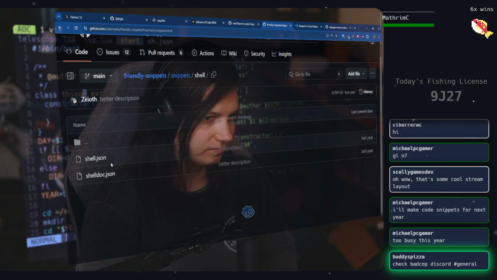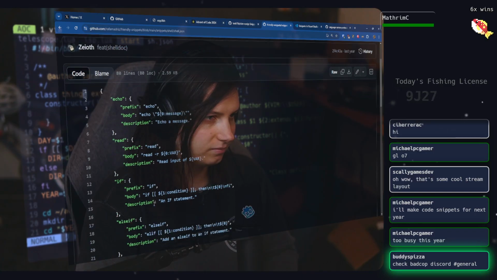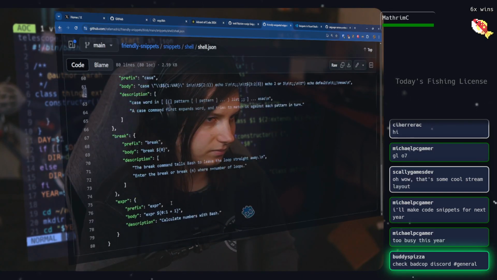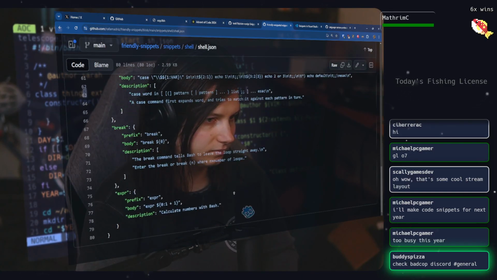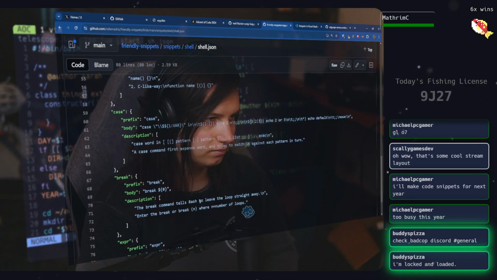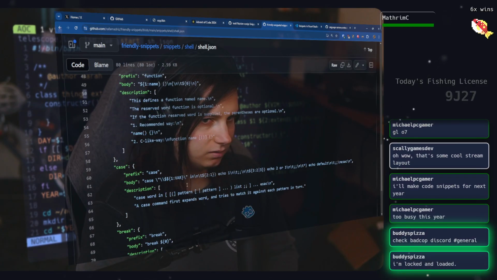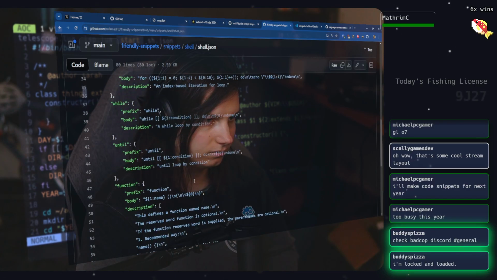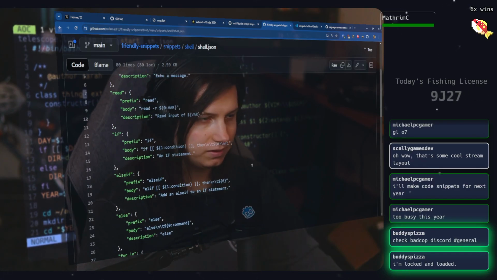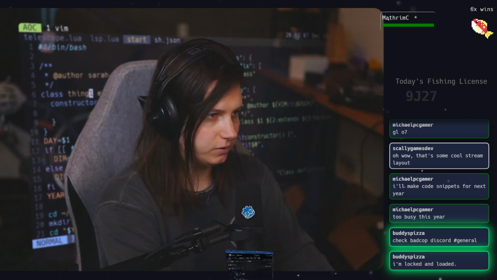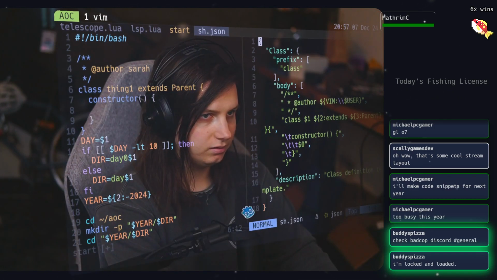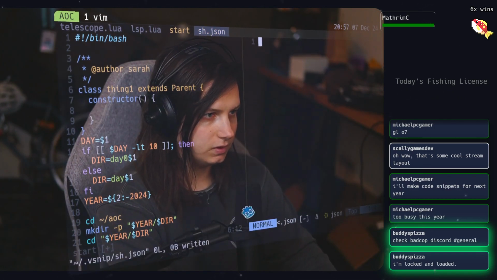Nice. Yeah, I'm gonna have to do more work after Advent of Code to get this to work, I think, but it's good to know about.